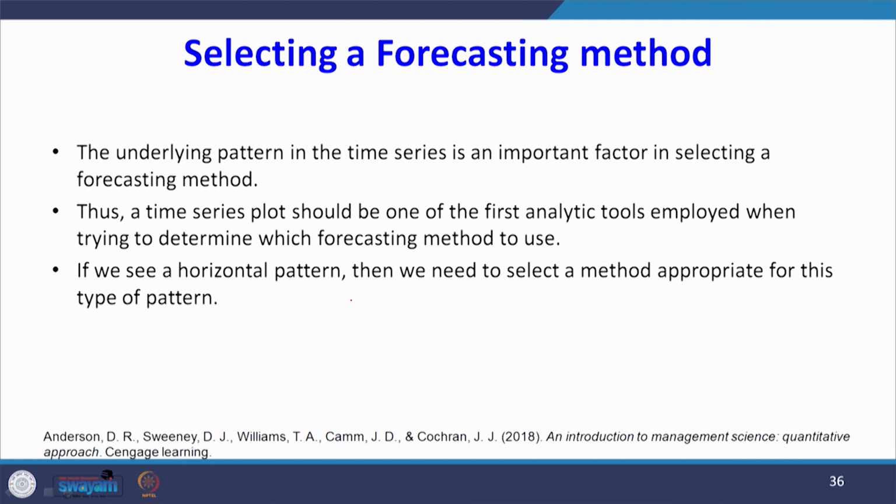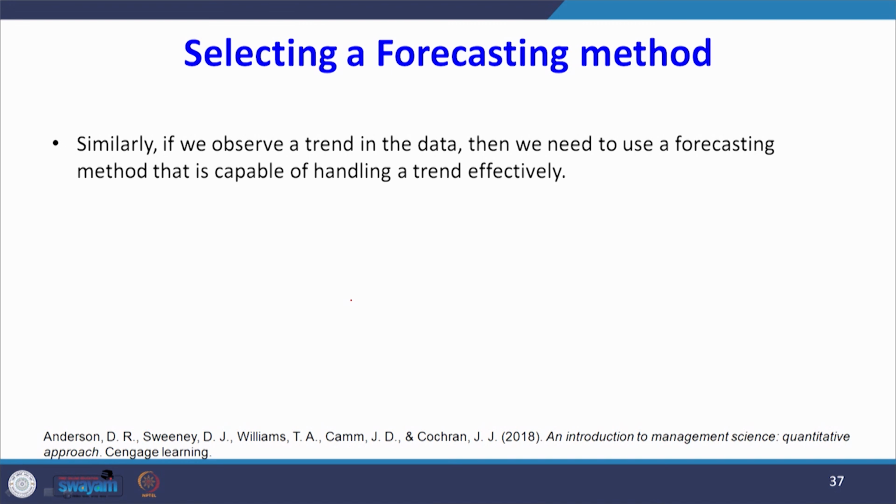Thus, a time series plot should be one of the first analytic tools employed when trying to determine which forecasting method to use. If we observe a horizontal pattern, then we need to select a method appropriate for this type of pattern. Similarly, if we observe a trend in the data, then we need to use a forecasting method that is capable of handling trend effectively.